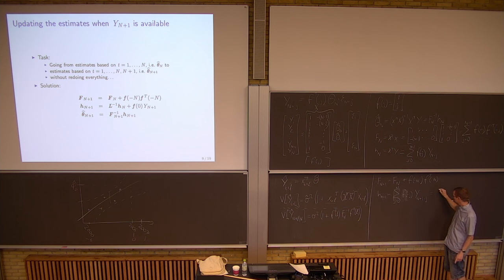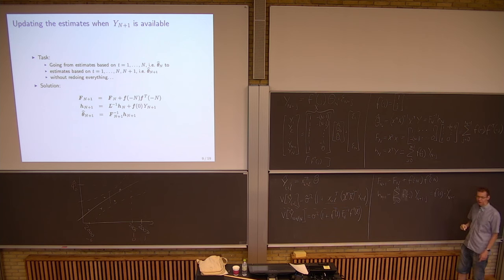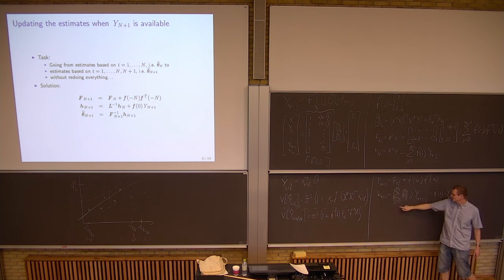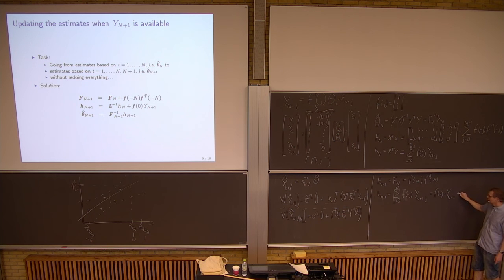So I'll write f of 0 times y n plus 1. That is one element from this. That is for j equal to 0. So now I'll write the rest here. Now I will start from j equals 1 to n of f of minus j, y n plus 1 minus j. That was the easy part.